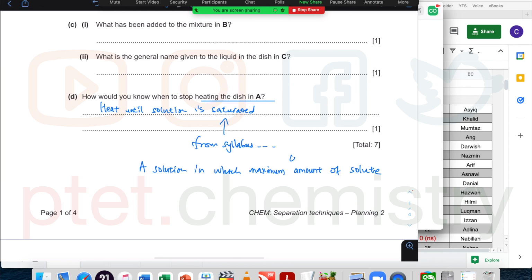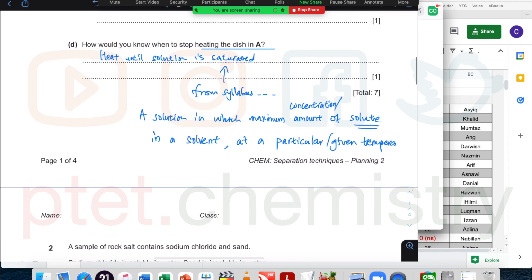I think in the notes they say concentration instead of amount, which is the same thing. And this is at a particular or given temperature. These are all technical terms stated in the syllabus, together with filtrate and residue and many other things on experimental and separation techniques.